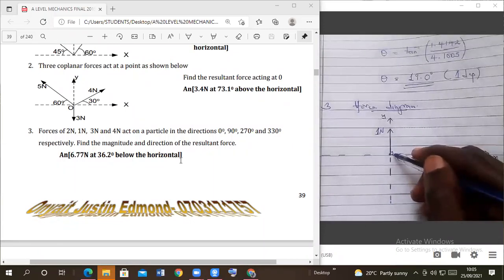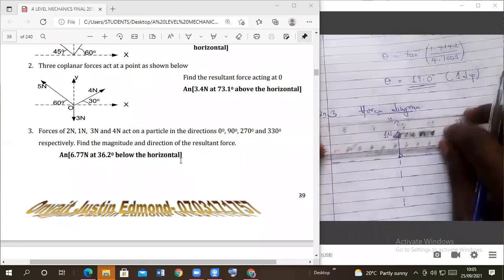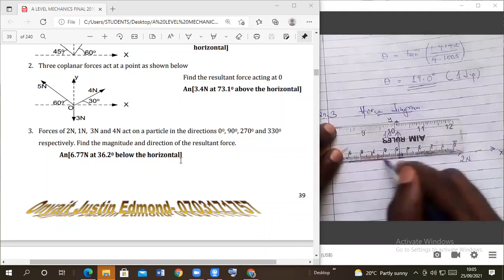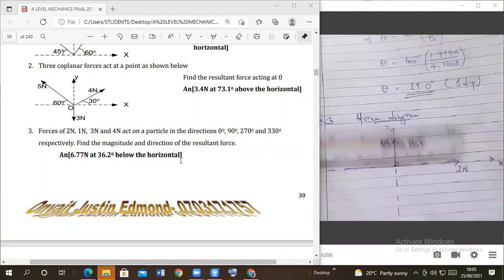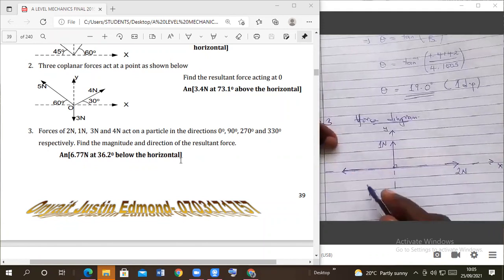This is 90, this is 180, 270 is here. So 3 Newton is there.